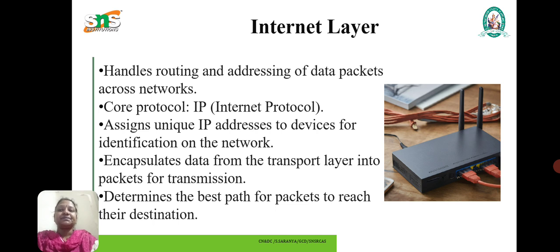It also organizes data received from the transport layer into packets, including header information like source and destination IP addresses. The internet layer also plays a vital role in determining the most efficient route for these packets to travel across the network, ensuring they reach their intended destination.